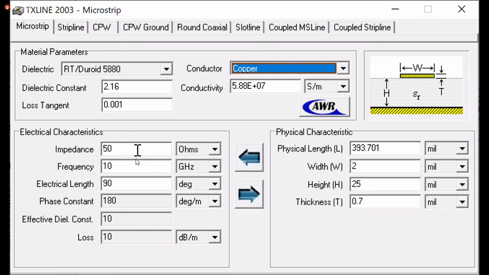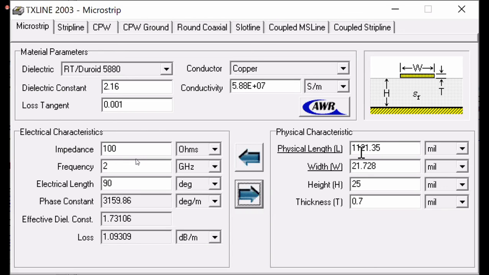So this is the material property. Down here, you say, I want to make 100 ohms at 2 gigahertz. I want a 90-degree quarter wave. Give me the physical layout. I want mils, yeah. So this is 1.121 inches, if I want to do inches, that's how long the quarter wave at 2 gigahertz is with this dielectric material.